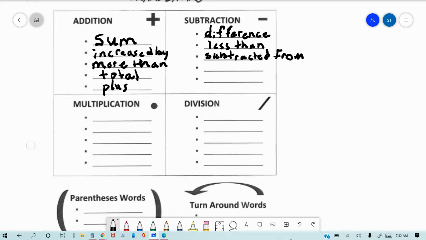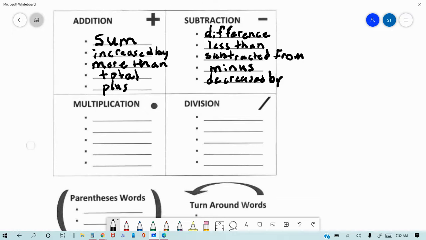We're going to use minus. And then we're going to use decreased by. So you're going to see these words not only when we're talking, you're going to hear them, but you're going to see them in word problems, and we're going to be getting to word problems eventually.